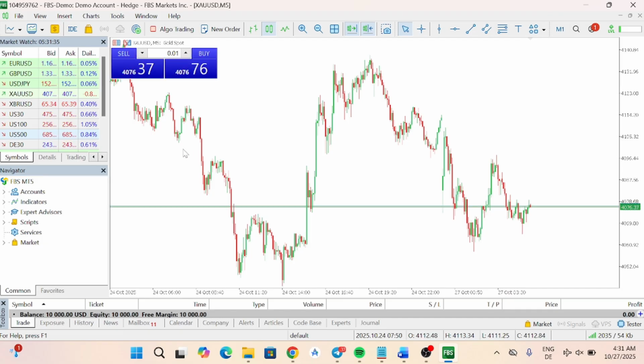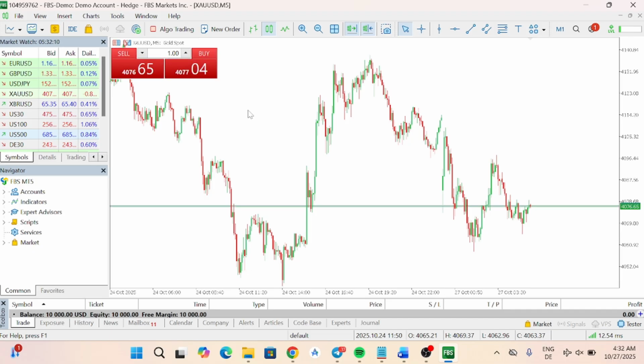I could still do other analysis on other pairs, but my main focus is gold. Let's say you want to take a trade, so you have to place either a sell or a buy. You could put in the mini lot, that's 0.1. You could also put in the standard lot, which is 1.